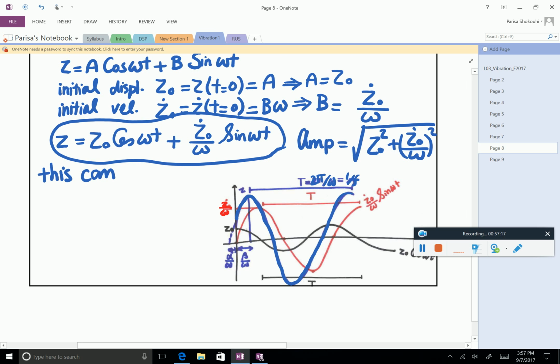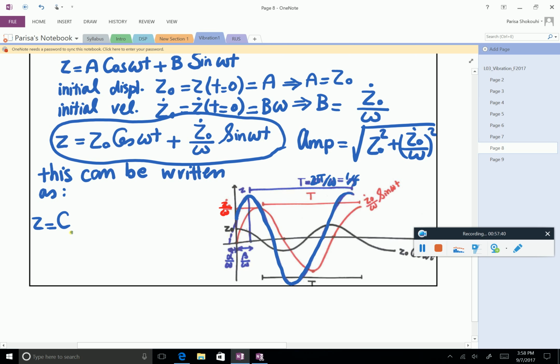So this response, you can see that both components have frequency omega, and then this can be written as just a sine or a cosine.